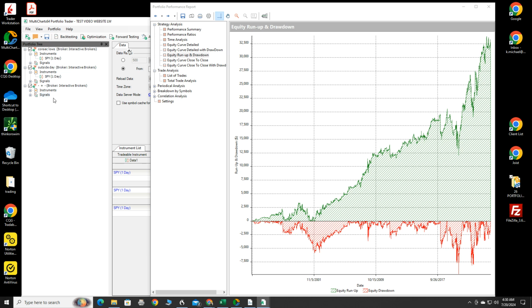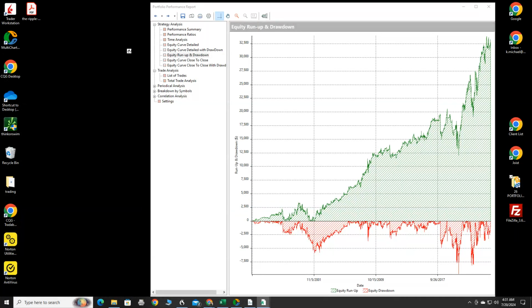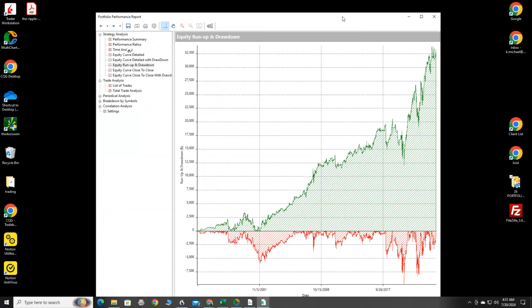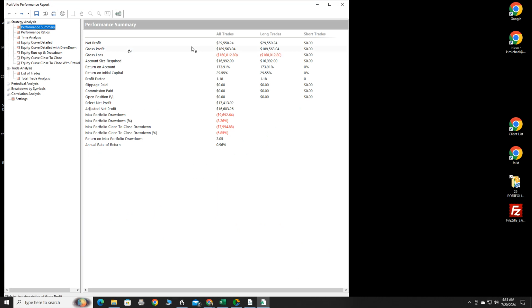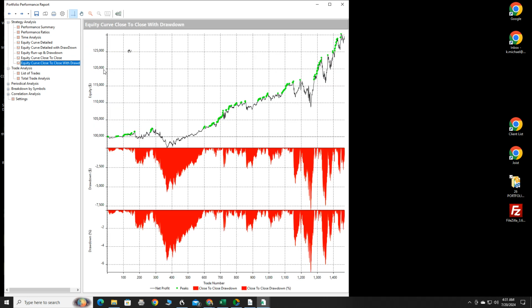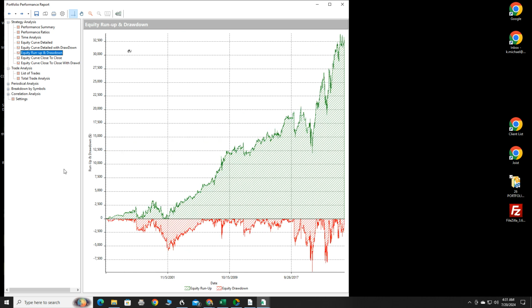Okay, there's no money management on these strategies. We've turned all that off so we can just isolate the portfolio. So this is the before. Summary, 29,000. Here's our equity curve. But we're going to use this equity curve because it best shows the results.